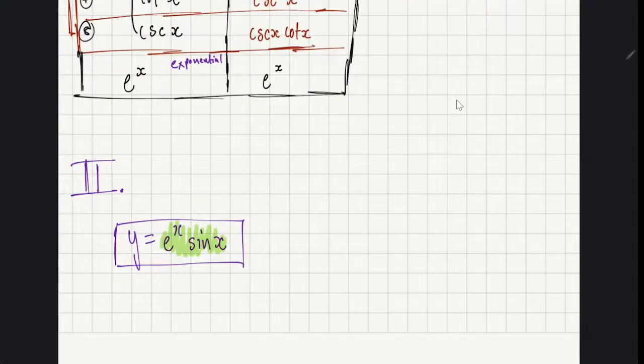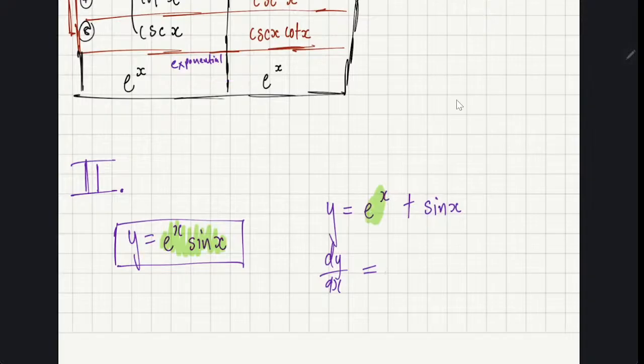If they were adding, it would be easy. If they say, please differentiate y is e to the x plus sine x, you say, this is easy. Because dy dx, we differentiate them one by one. So don't run. You do e to the x. You look at the table, the derivative of e to the x is e to the x.